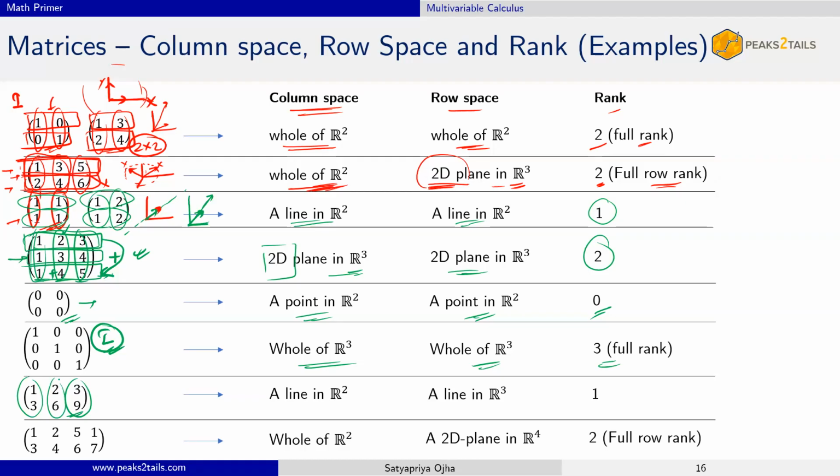Instead of 2D, you can have a line, and even worse would be a point. So let's see. If you look at the 3 vectors, how many linearly independent vectors exist? Look at the column vectors. How many of them are linearly independent? Riddle says 1. Anybody else?